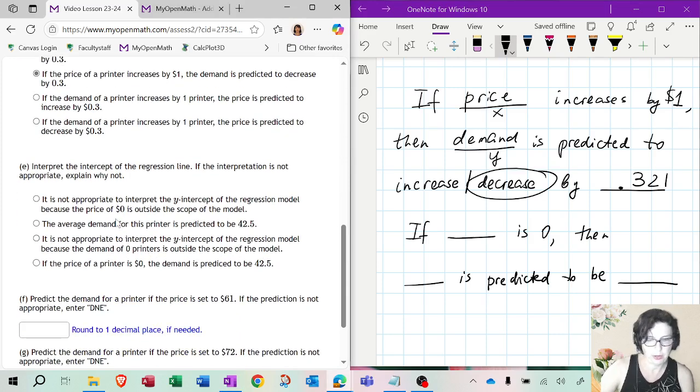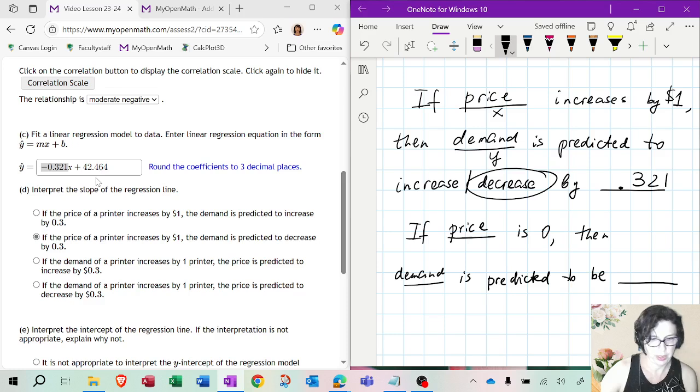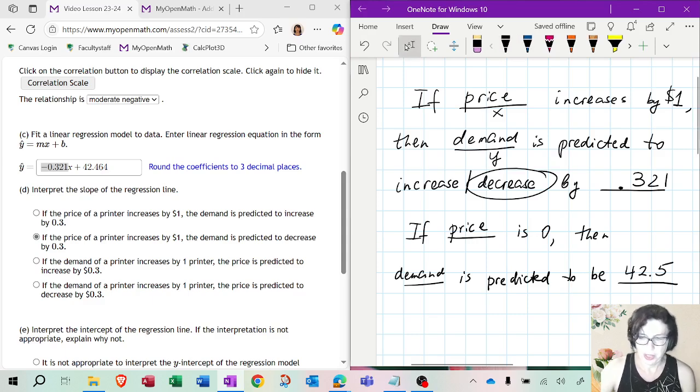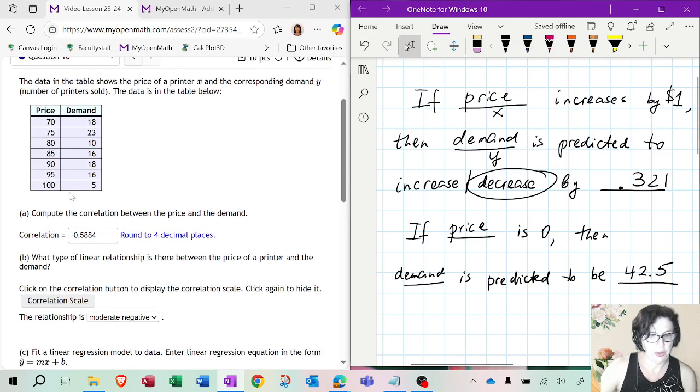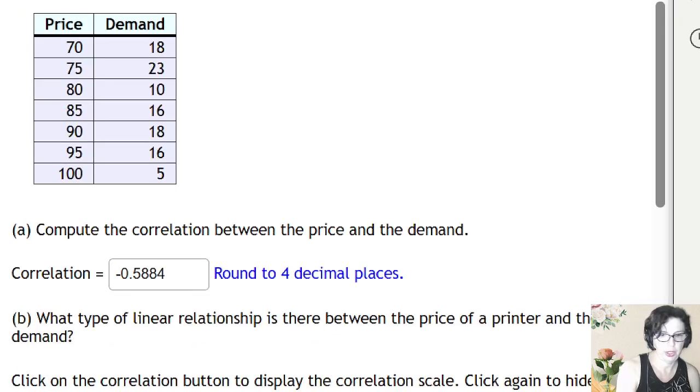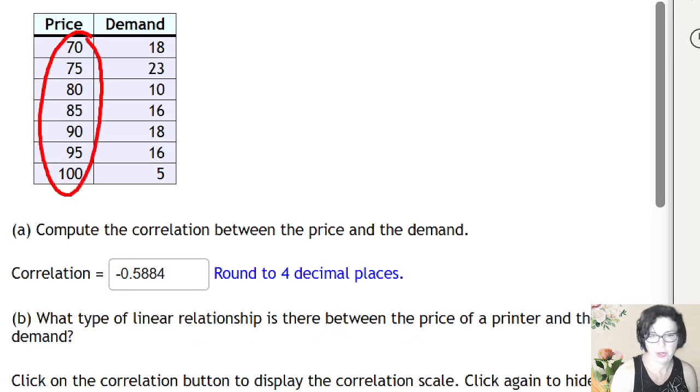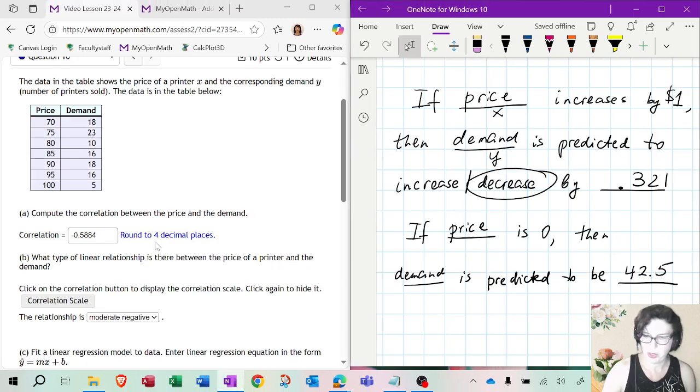Now let's look at the intercept. We will say if x, so price, is 0, then y, which is the demand, is predicted to be, okay, so what's our y-intercept? 42.5, something like that. However, is a price of 0 part of the x range or not? When we look at the x range here, no, it's not. The x range was anywhere between 70 and 100. So a price of 0 is not there.